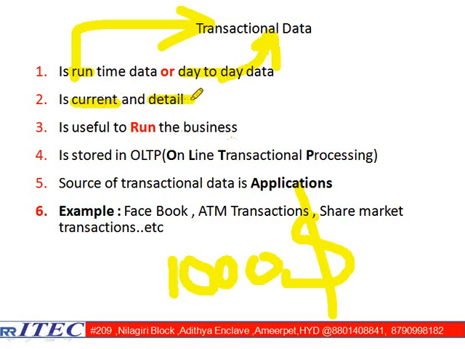Next one is, it is very detailed in nature. Why is it detailed? Why is it required? Suppose one fine day you went to the bank and said, yesterday I withdrew $10,000 from your ATM. Unfortunately, all these $10,000 are fake currency. Could you please give me the correct currency?